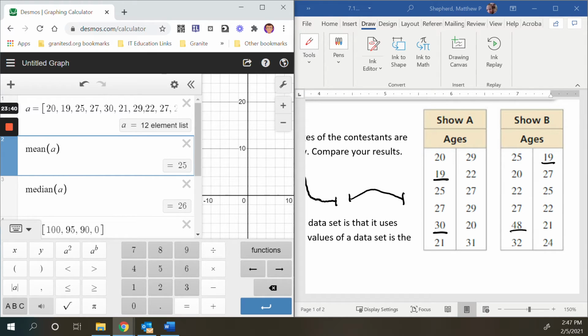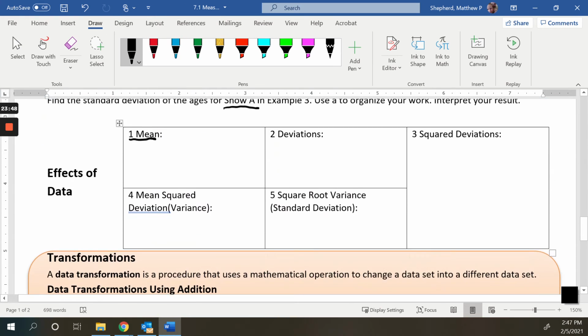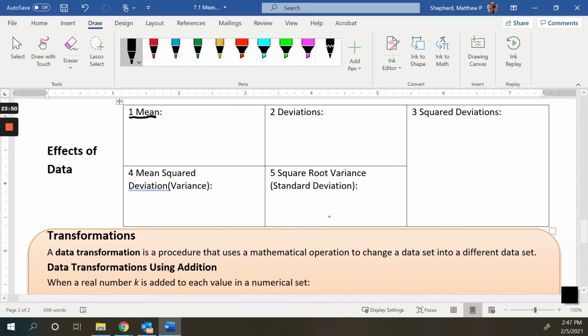And the mean is 25. All right, so just calculated my mean. So I'll come back down here. The mean was 25. So we added them all up, divided by 12, and we got 25.